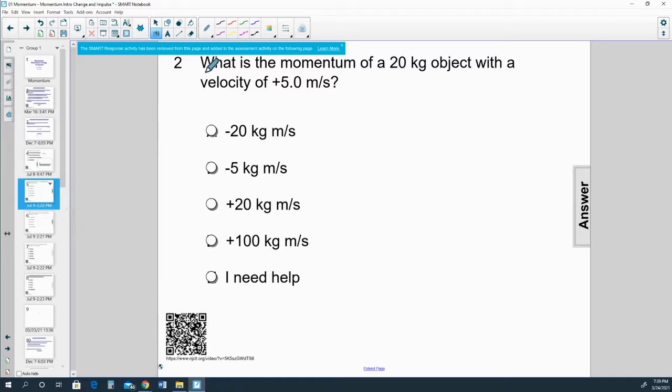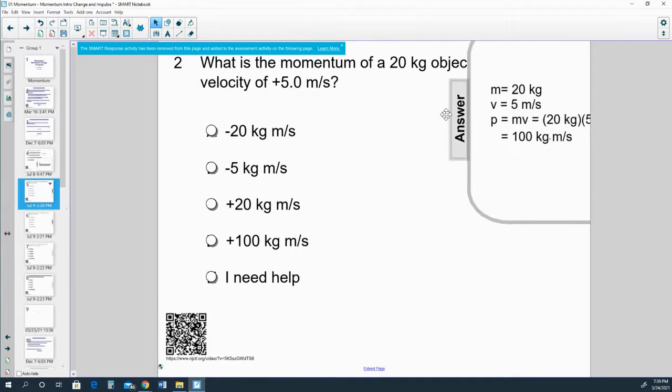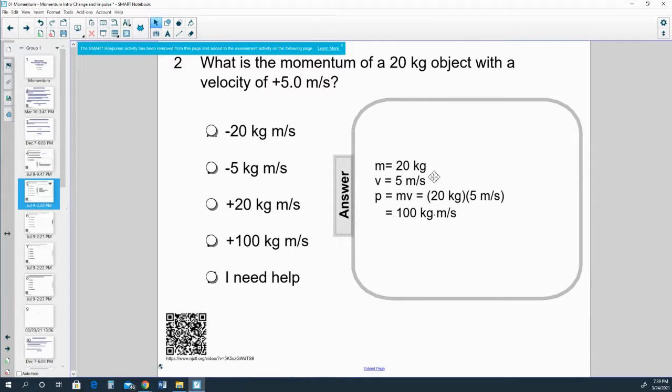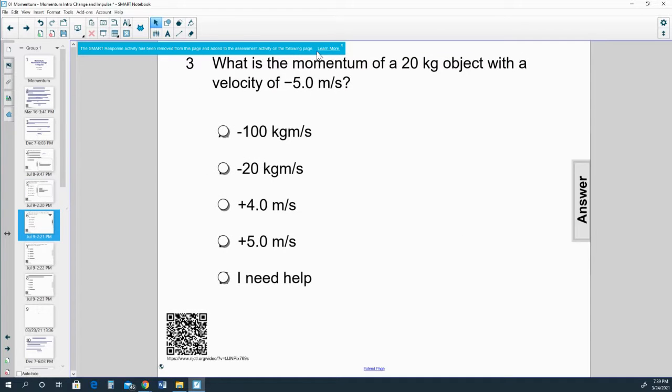Okay, next question. What is the momentum of a 20 kilogram object with a velocity of 5 meters per second? Remember, the equation is momentum equals mass times velocity. 20 times 5 gives you 100 kilograms times meter per second. What is the momentum of a 20 kilogram object with a velocity of negative 5 meters per second?